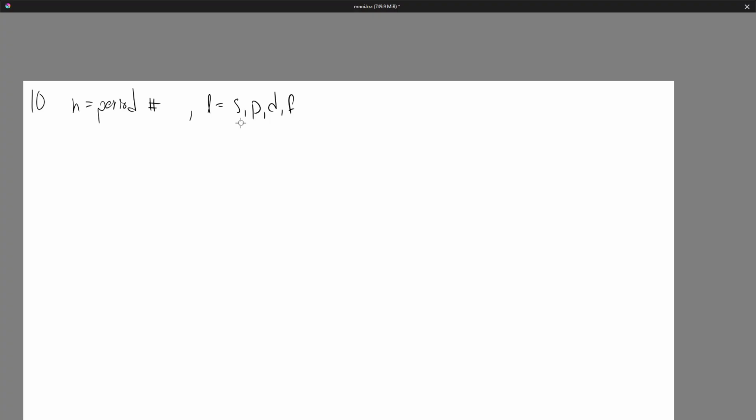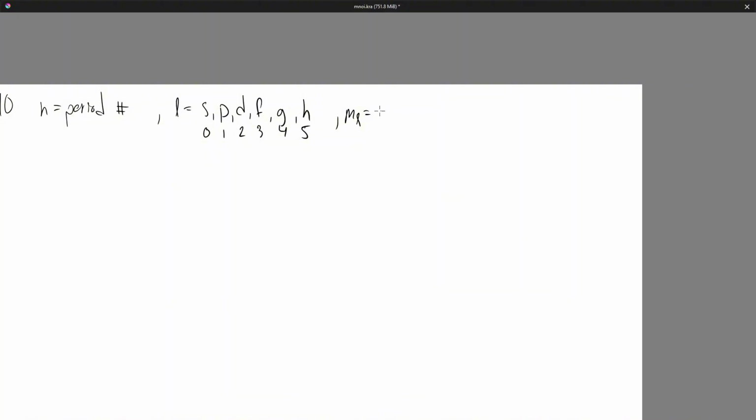Each one of these letters is tied to a number. So S is 0, P is 1, D is 2, and F is 3, and so on. I think G is next. It's 4. I think H is 5. You won't really get past G, I'm pretty sure. And ML is just the negative to positive range of your L values.